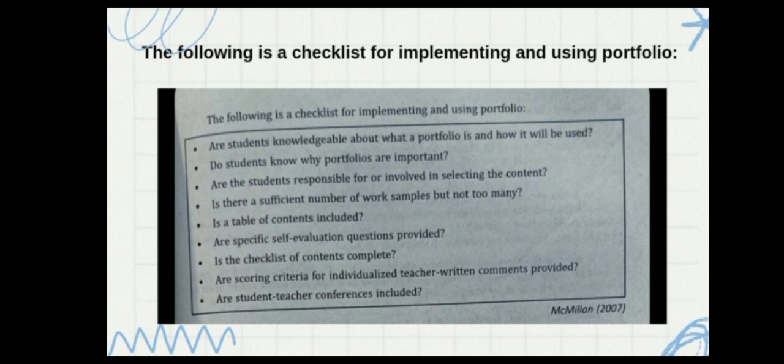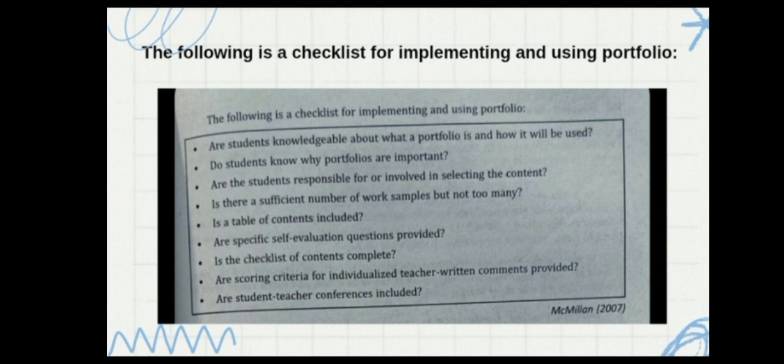Following is a checklist for implementing and using portfolio. First, are students knowledgeable about what a portfolio is and how it will be used? Do students know why portfolios are important? Are the students responsible for or involved in selecting the content? Is there a sufficient number of work samples but not too many? Is a table of contents included? Are specific self-evaluation questions provided?